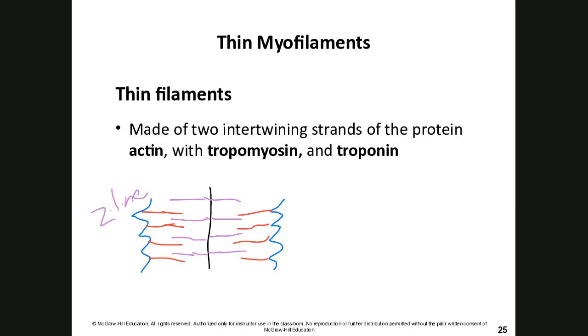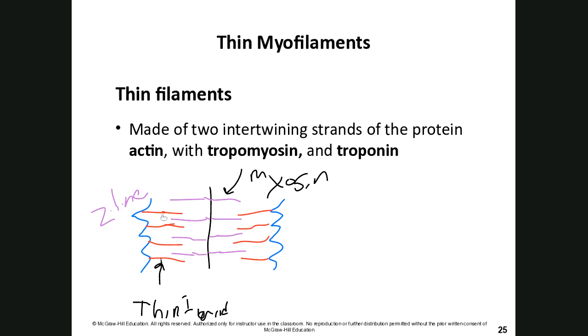And then in our I band, we have the thin filaments. And then we have our myosin, and where they overlap, in this area overlap here, that was our A band.